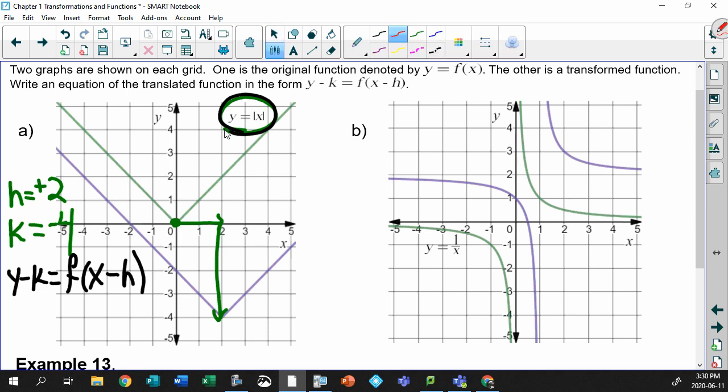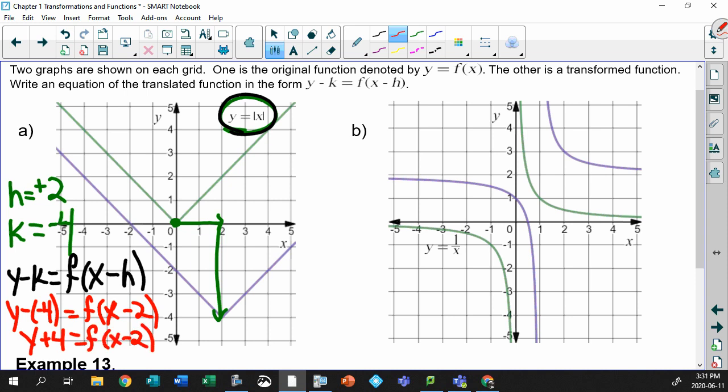The values here are y minus k, which is y minus a minus 4, f of x minus 2. All right, clean it up. This is y plus 4 equals f of x minus 2.